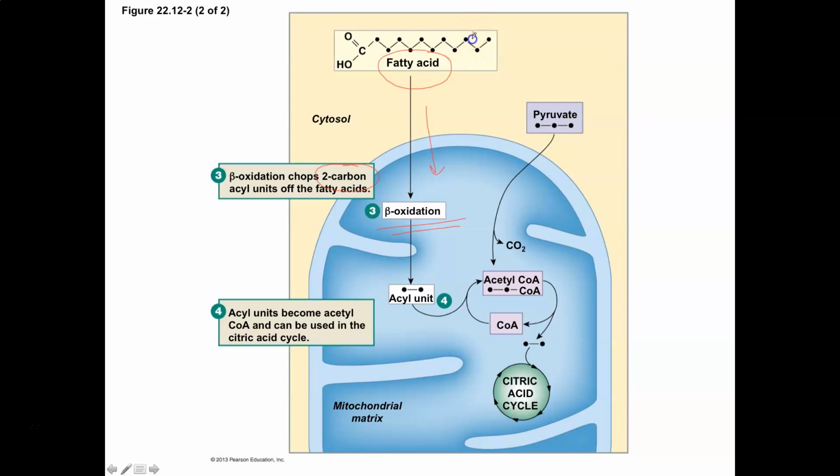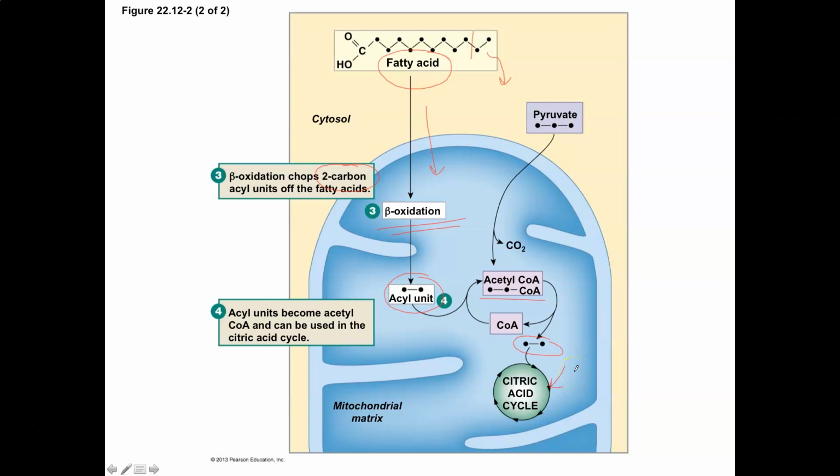And so when you break off 2 carbons, you can use those 2 carbons, this acyl unit, as a means of entering into the citric acid cycle. We can create acetyl-CoA, and we can remove that coenzyme A, and then that acyl unit can fit into the citric acid cycle.